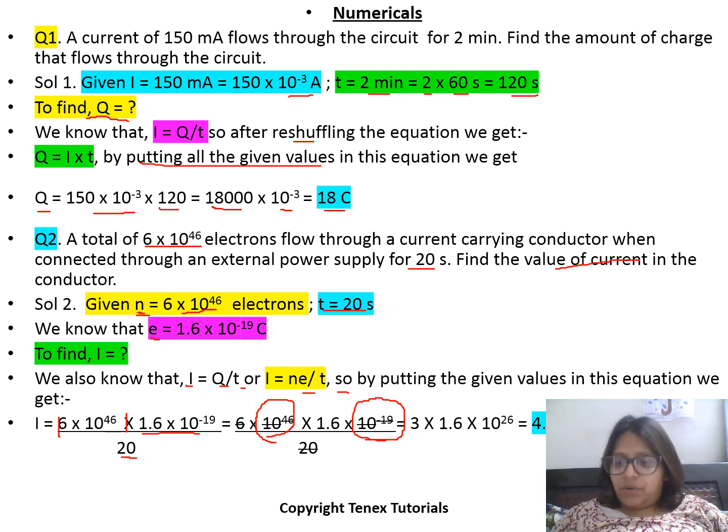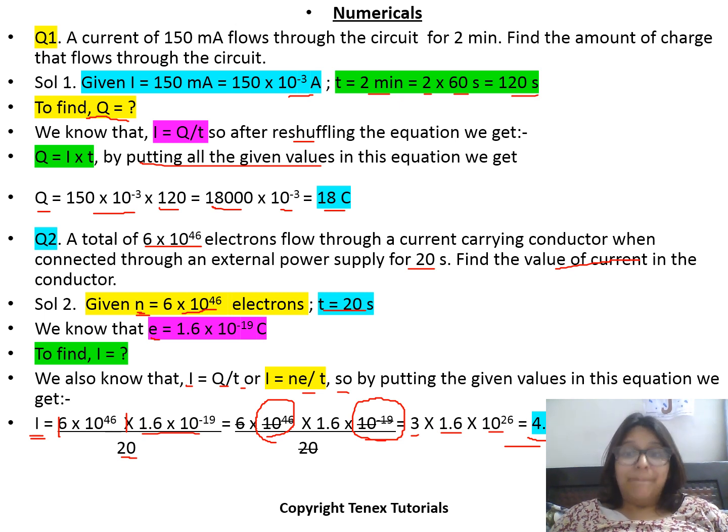So the value that I get is 3 into 1.6 into 10 raised to power 26, and this turns out to be 4.8 into 10 raised to power 26. So now we know that the current flowing through the circuit is actually 4.8 into 10 raised to power 26 ampere.